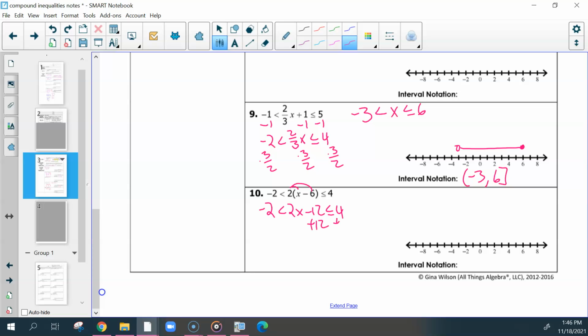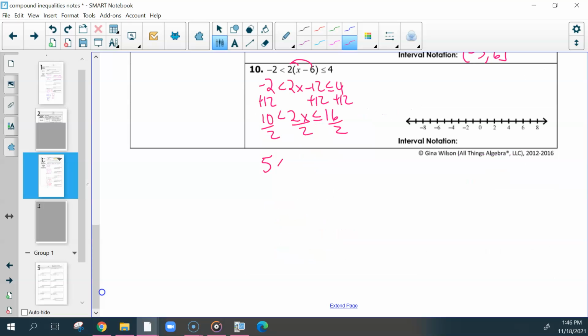We could add 12 to both sides. So this would give us 10 is less than 2x, which is less than or equal to 16. And then I could divide everything by 2. So 5 is less than x, which is less than or equal to 8.